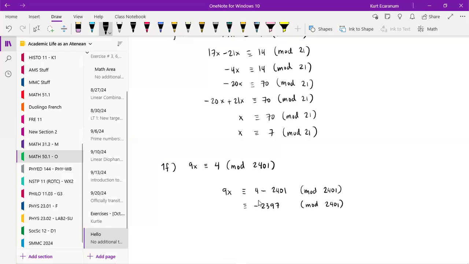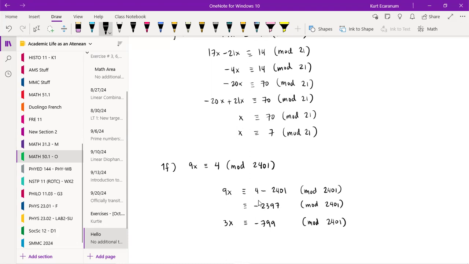And okay, by familiarity, we can say that we can simplify this to 3x. We just divide both sides by 3 kasi ayan, hanggang hindi siya divisible by 9 eh. So, negative 799. Kasi if it were divisible by 9, edi sana dinivide ko na lang diretso, di ba? Ayan. So, negative 799 modulo 2401.